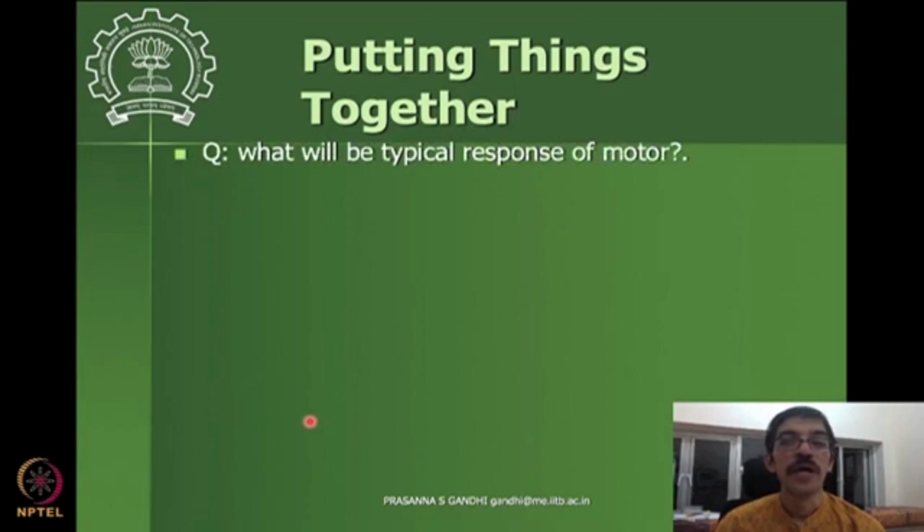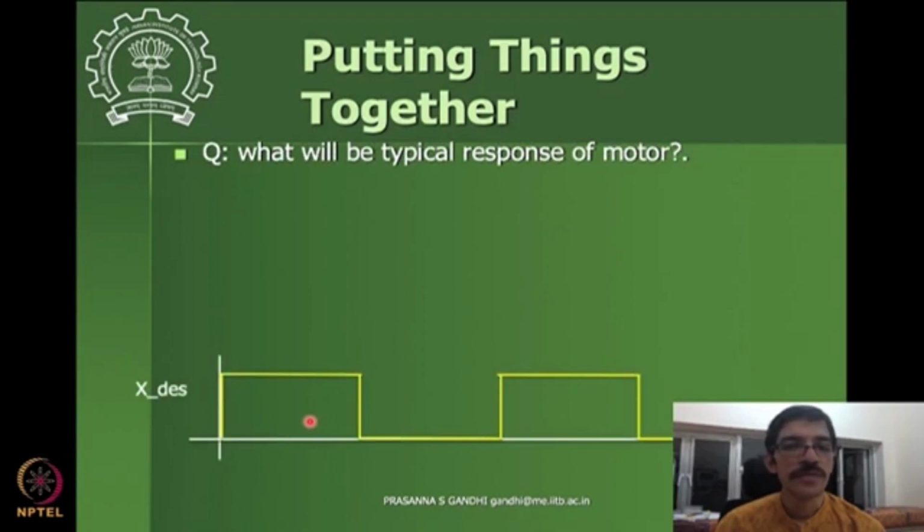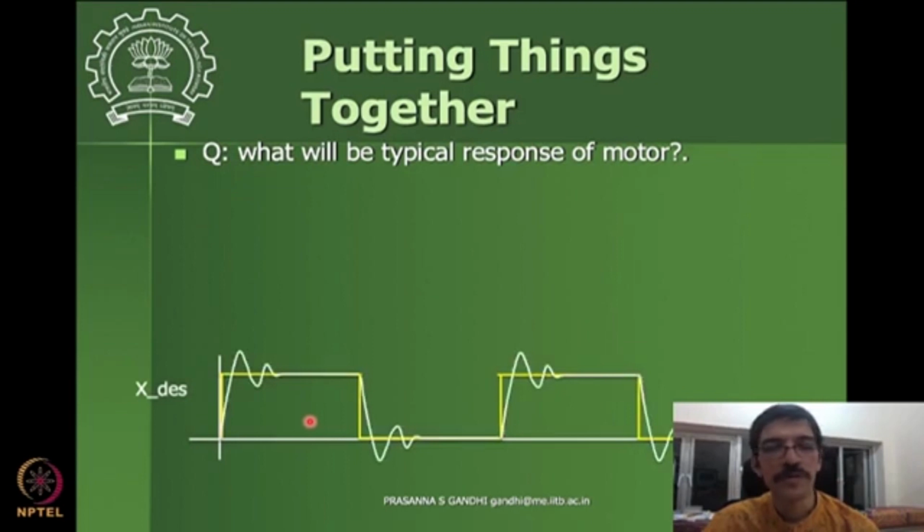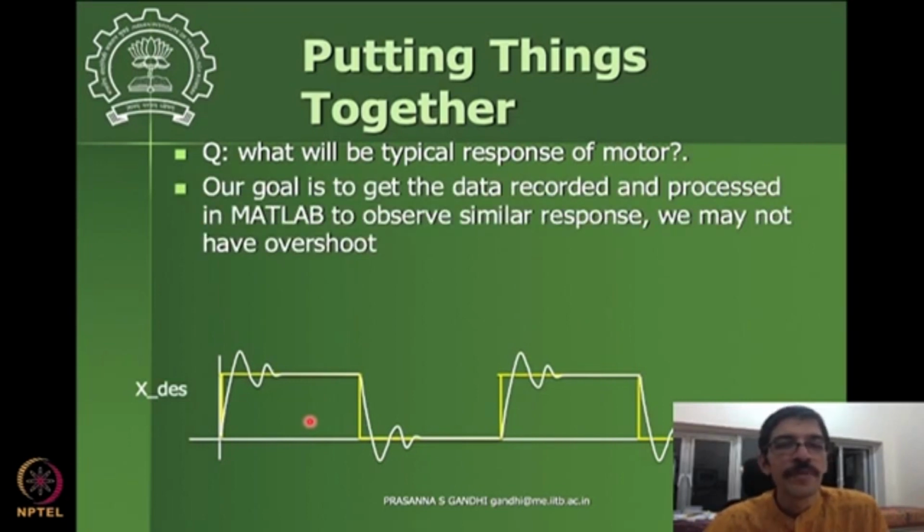What will be the typical response of the motor? If you can sketch on this desired response, what is the actual response going to be? You can get something of this sort. You'll get some response of this kind when you give this square waveform. Then we want to get this data out of the microcontroller, and maybe we should be able to put it in MATLAB to observe this response.